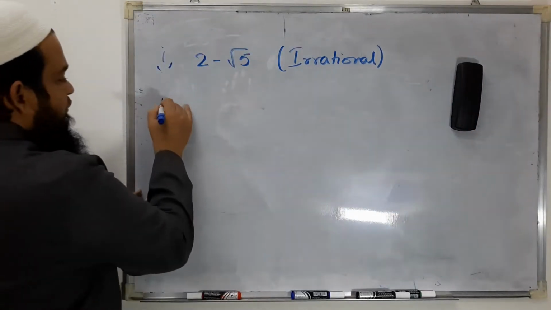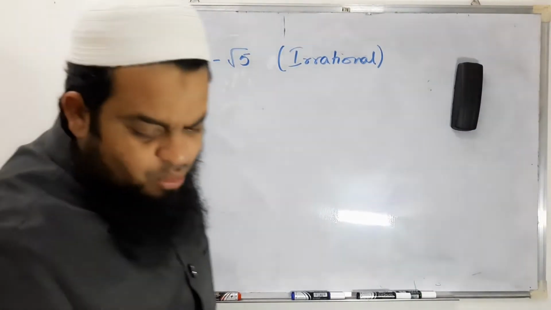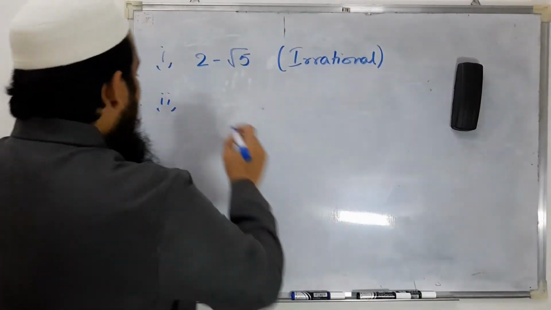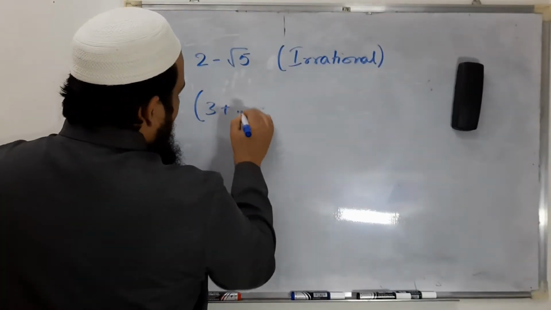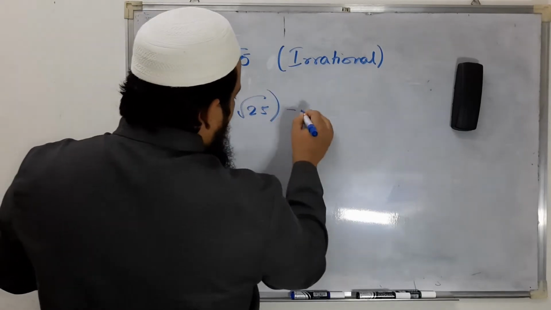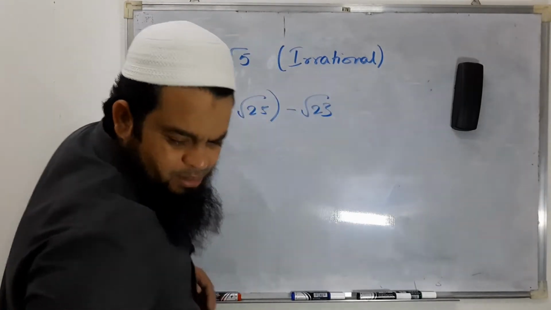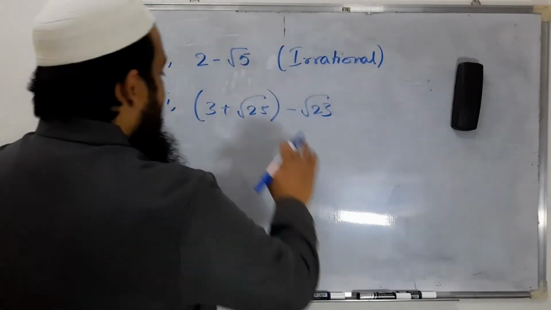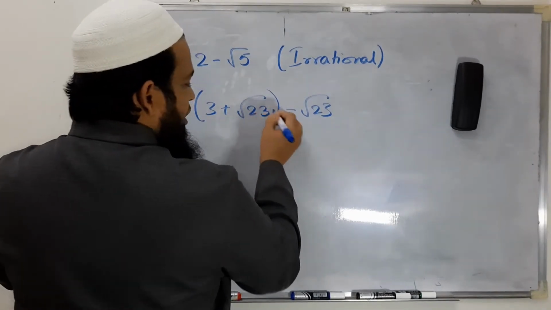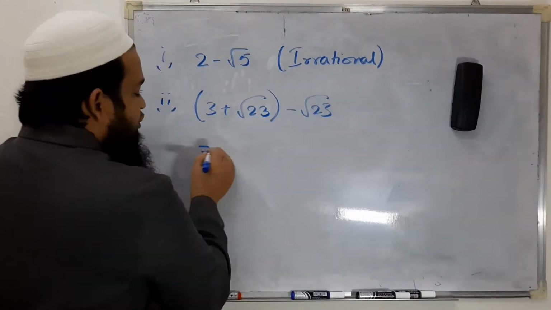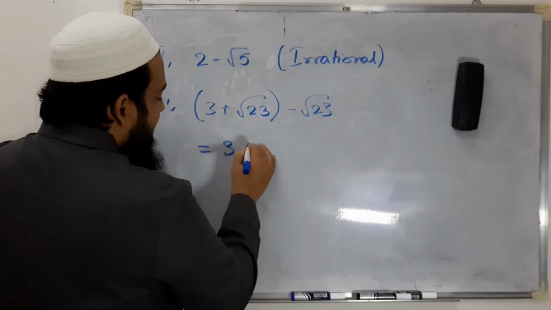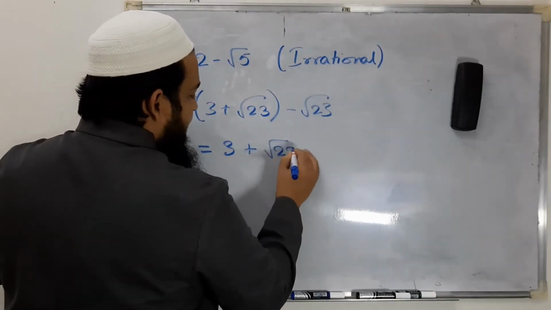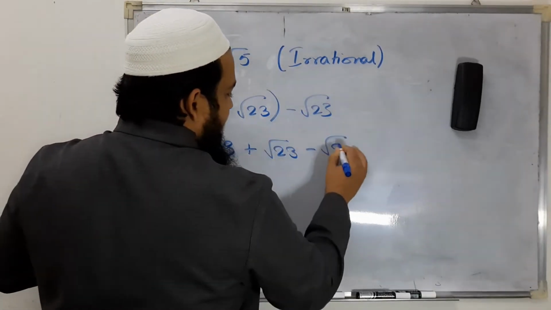Okay, let us go for the next problem, the second problem. What is the second problem? 3 plus root 23 minus root 23. Let us open the brackets: 3 plus root 23 minus root 23.